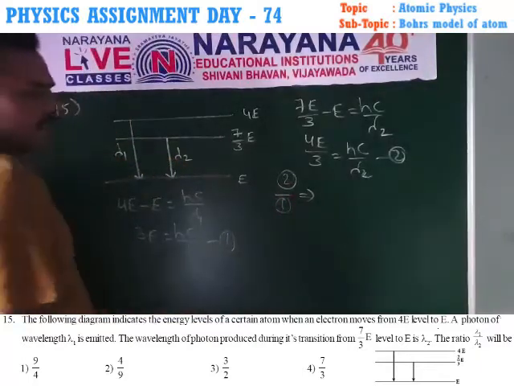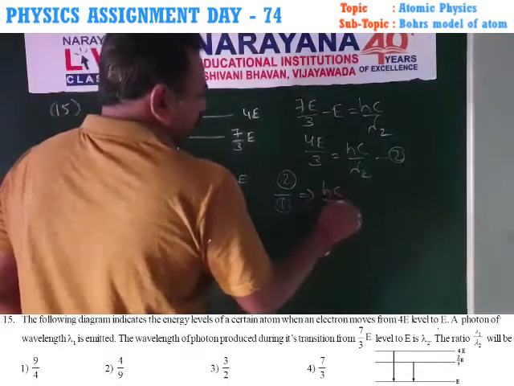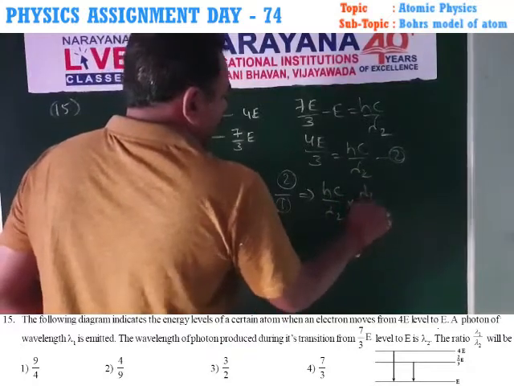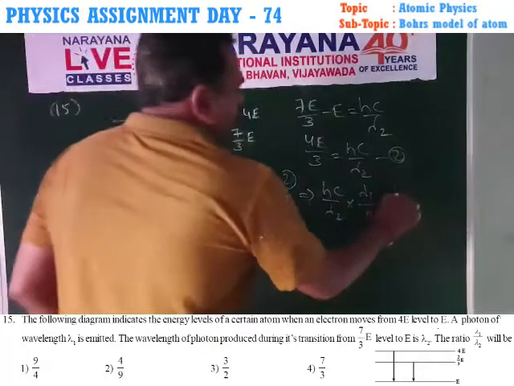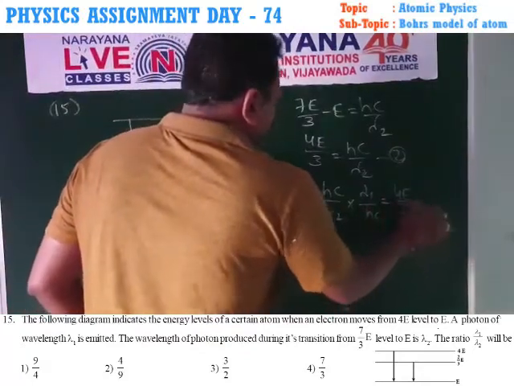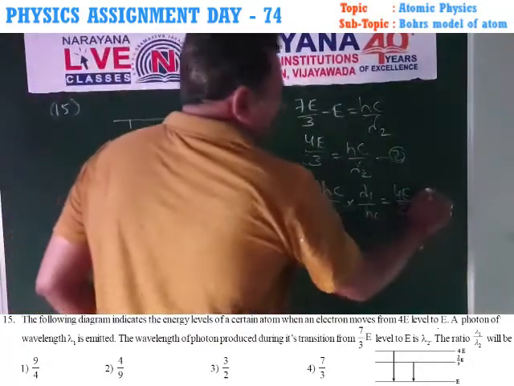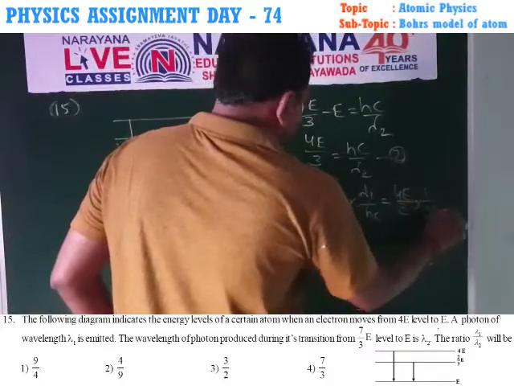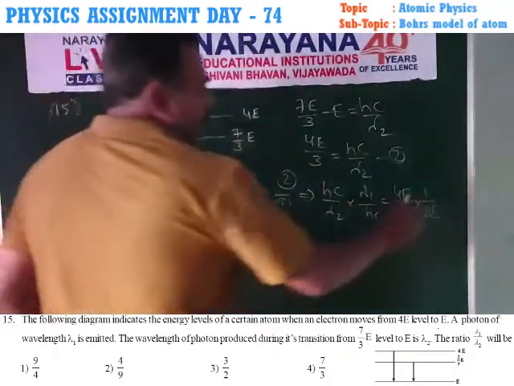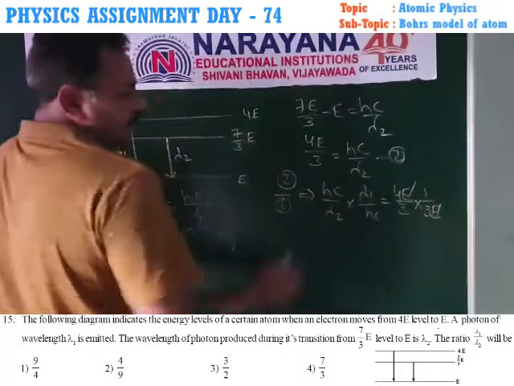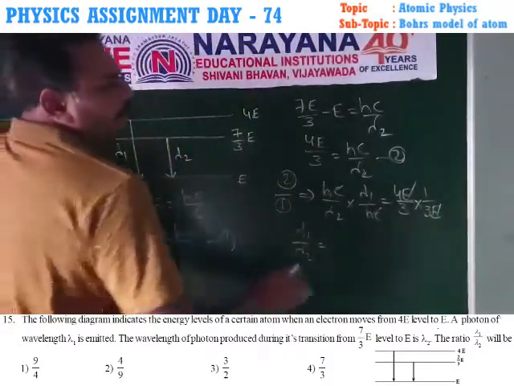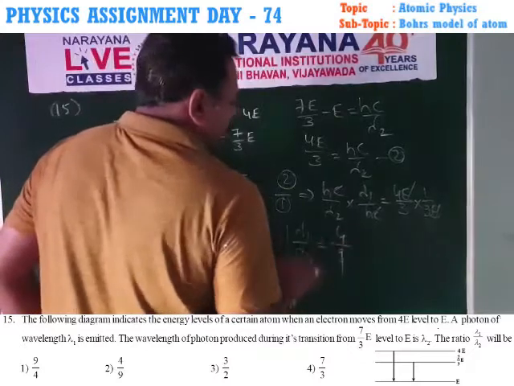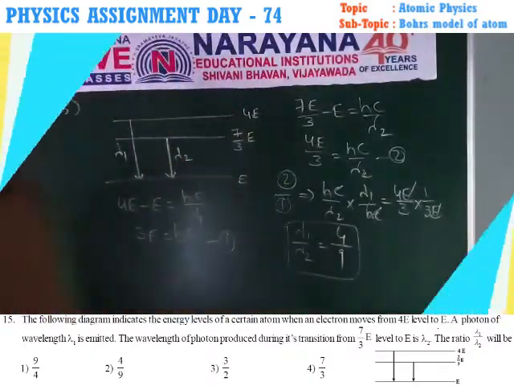Calculating this, hc by lambda 2 into lambda 1 by hc is equal to 4E by 3 into reversing it, 1 by 3E. E will be cancelled, hc cancelled. So lambda 1 by lambda 2 is equal to 4 by 9.